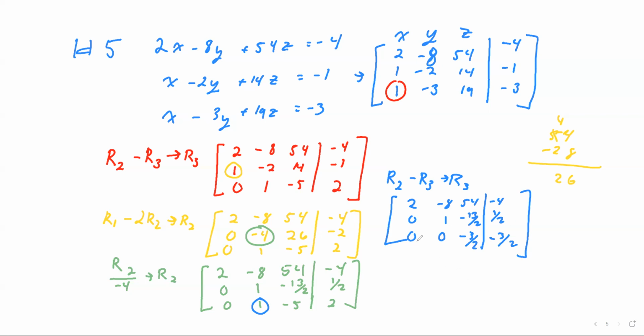All right. After that point, we now have one last step, I guess. And that's just to make this guy become a 1. The best way, again, to do that is take that row, divide it by whatever that number is, and we get this guy.